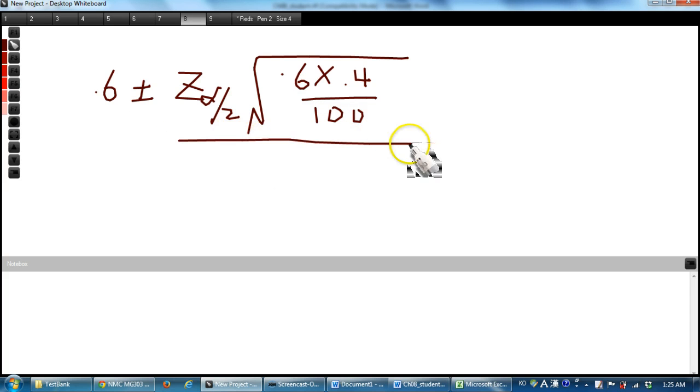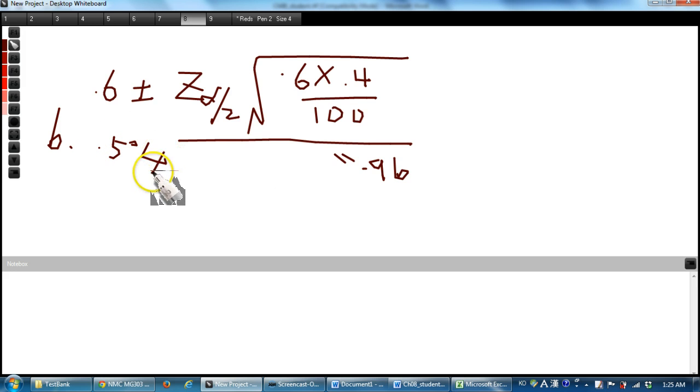That will be somewhere around 0.096. So you can subtract and add it from 0.6. For question B, the answer I came up with is 0.504 and 0.696, which is right there.